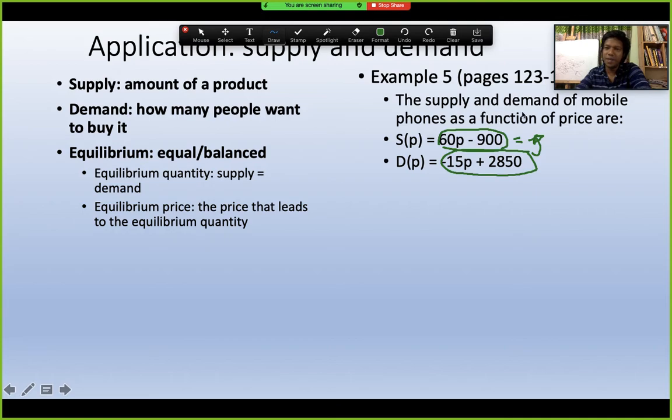If you increase the price of a normal, regular product in the market, suppose a mobile phone is normally $400, the regular price, and you see that more people want to buy it, and then in the next production you just increase the price by $50 or $100, then you will see that now people want to buy it less. So you just increase the price when you see that too much.